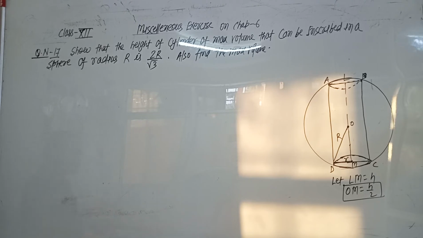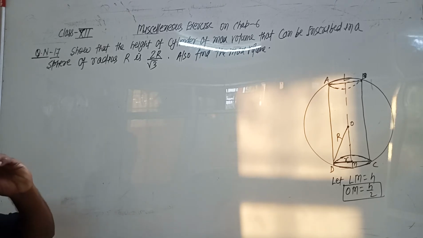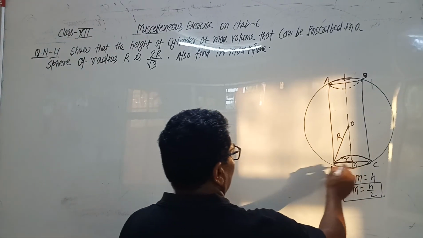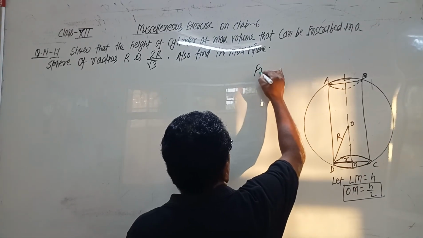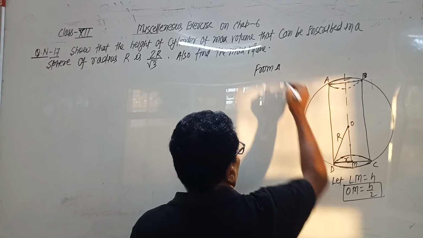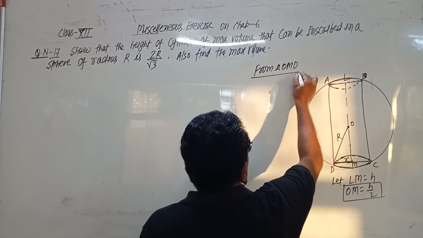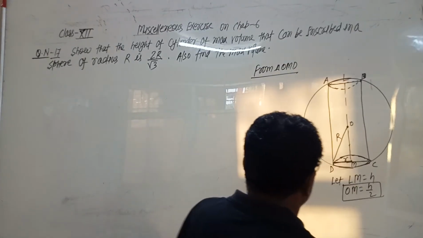Now first we will find the radius of the cylinder. So from triangle OMD, we calculate the radius of the cylinder.